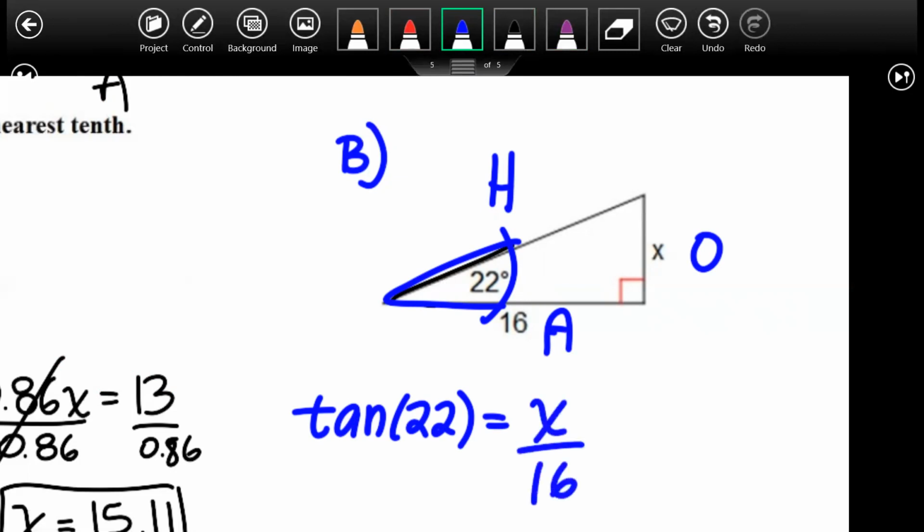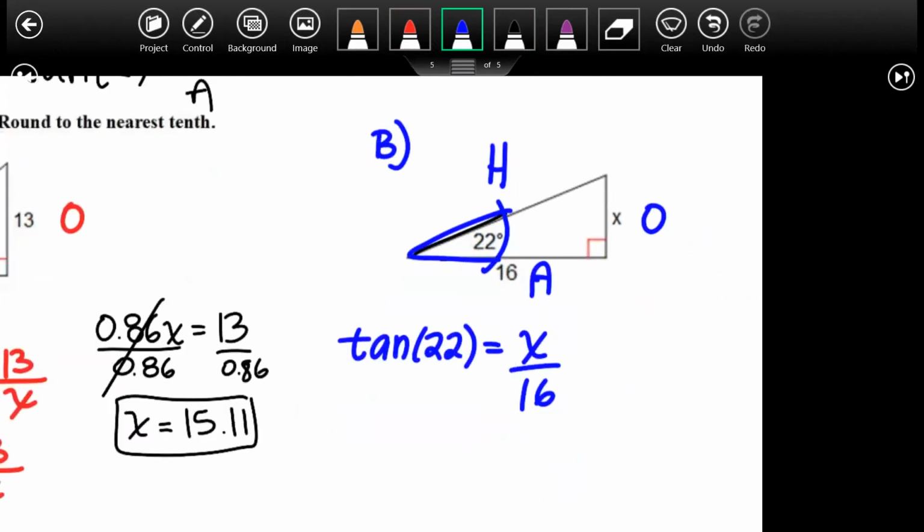Beautiful. What do I do now? You can cross multiply, but what do I do first? It's okay, you're jumping ahead. I like that. What do we do? Find the decimal. What is tangent of 22? 0.46?